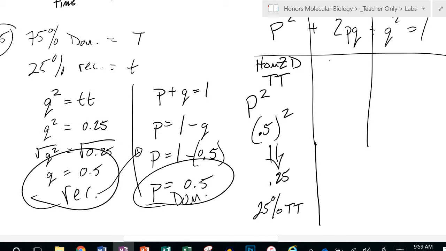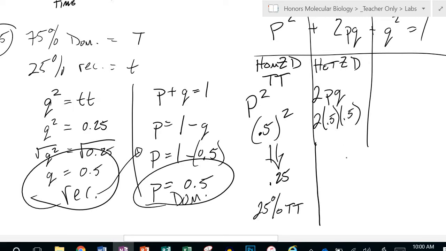Okay, back up here. We know that 2pq is both of the alleles together, so that means that it is heterozygous dominant. So again, 2pq. All we're going to do is factor in: 2 times 0.5 times 0.5.